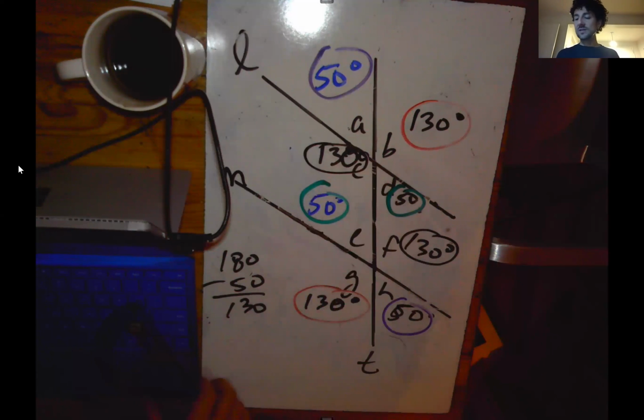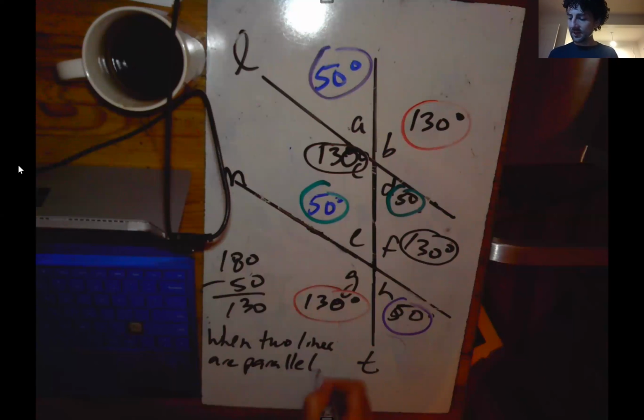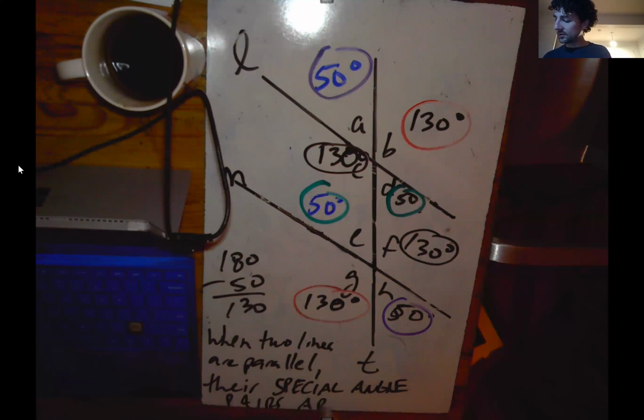So now what we see is when two lines are parallel, their special angle pairs are congruent. They have the same degree measure.